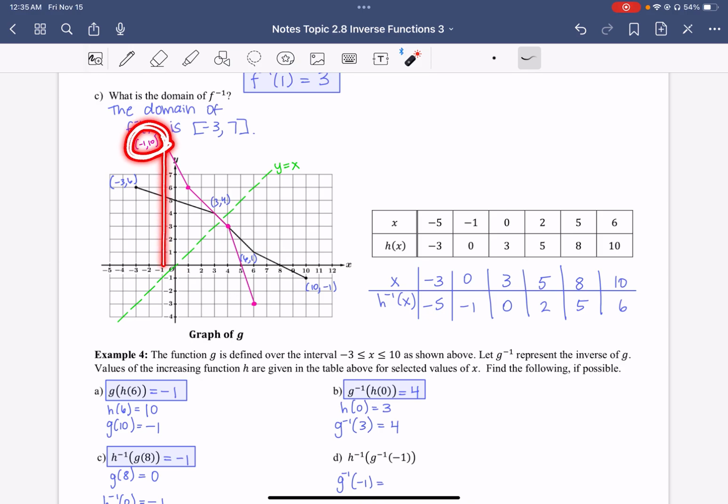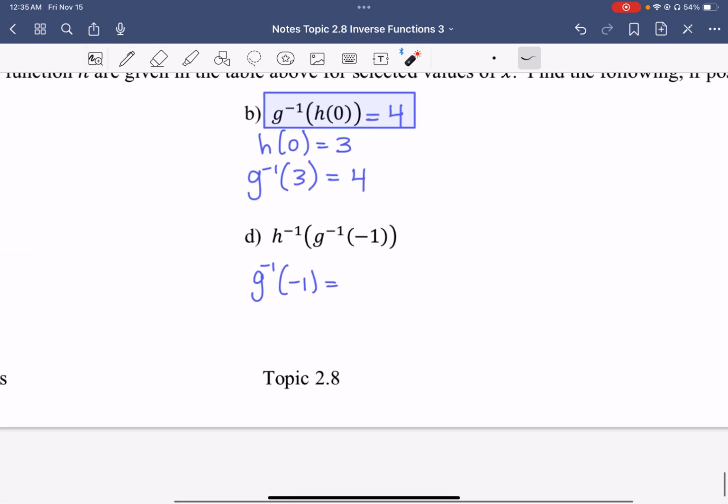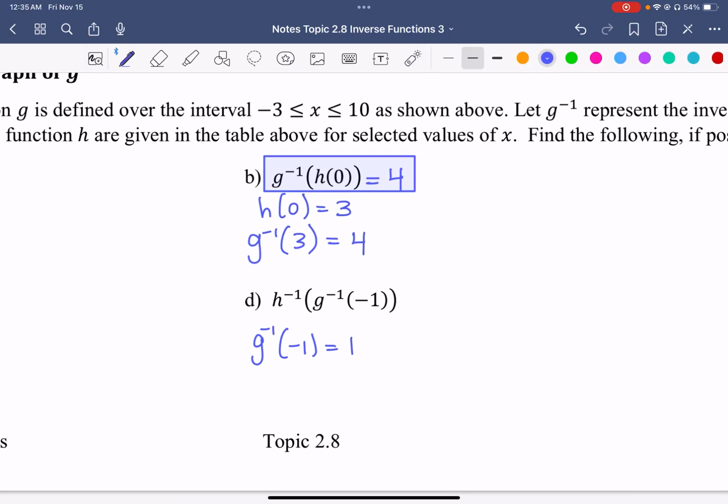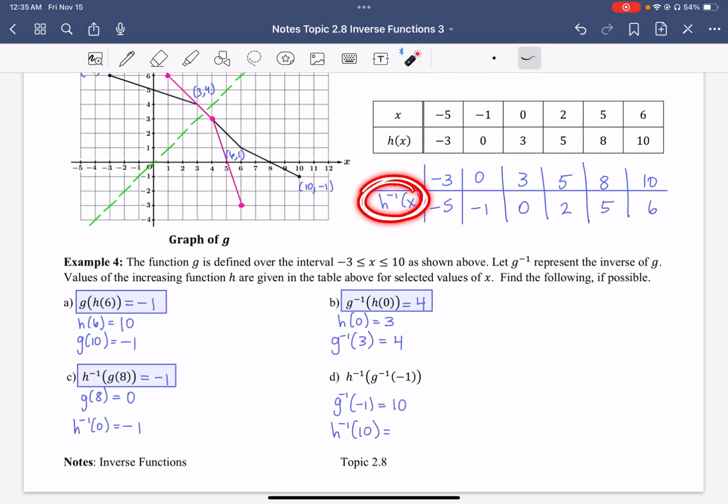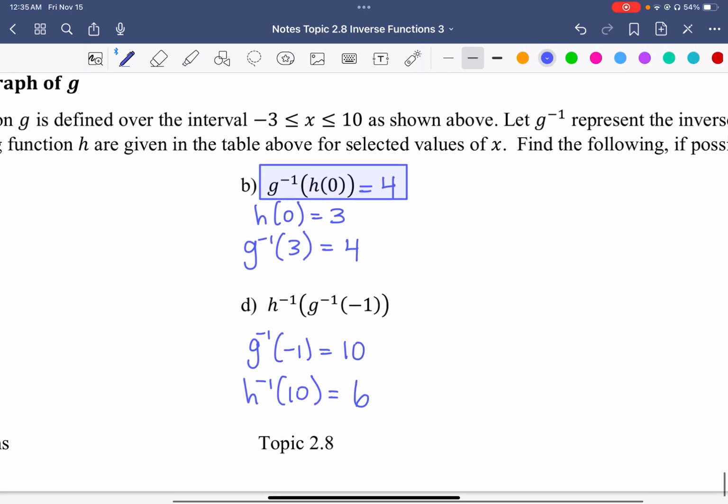And I wrote the coordinate point there. So the inverse of g of negative 1 is 10. And then we're going to do the inverse of h of 10. That comes from my table that we made for the inverse, and when x is 10, y is 6. So this whole thing is equal to 6.